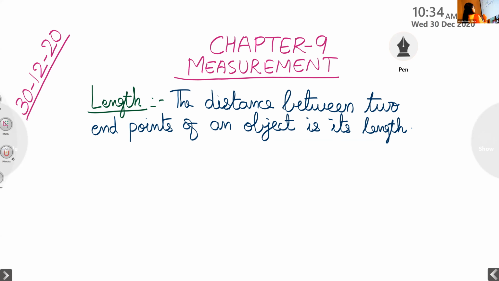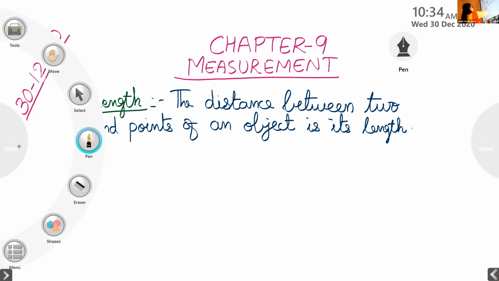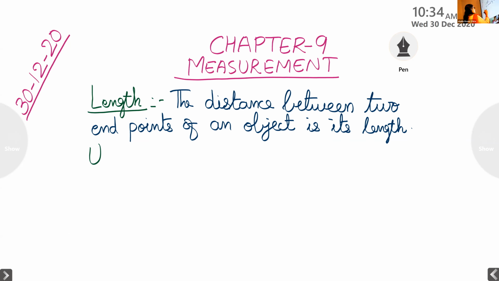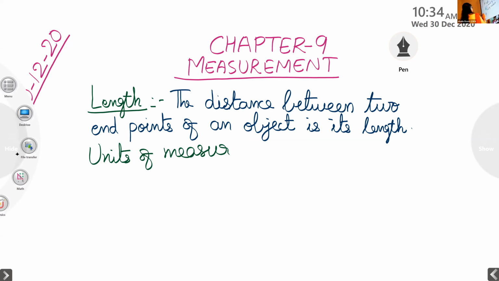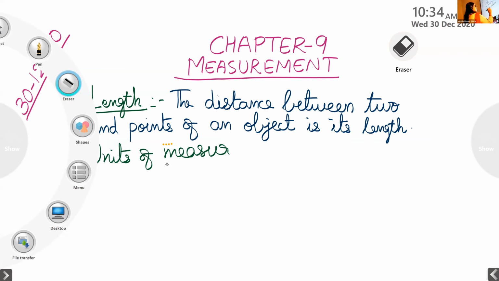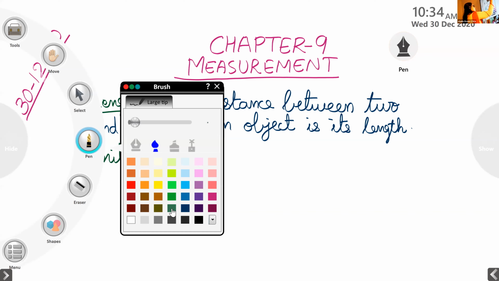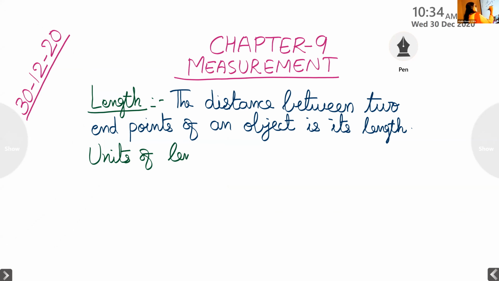Now, next heading, units of measurement. I mean units of length. Units of length.